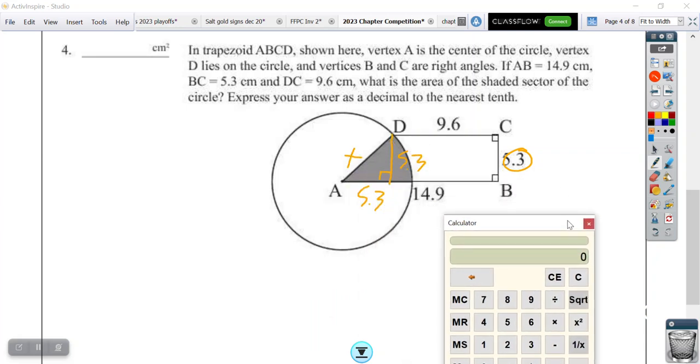14.9 minus 9.6. And then you multiply the square root of 5.6 times, or no, it's just 5.6. That's the area, or no, it's not the area.